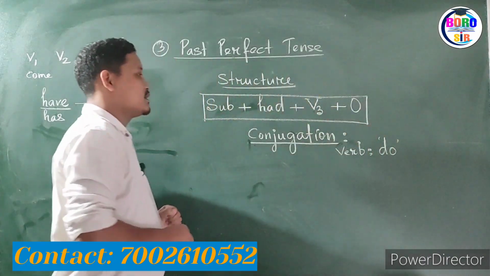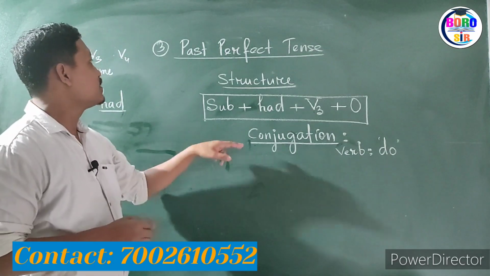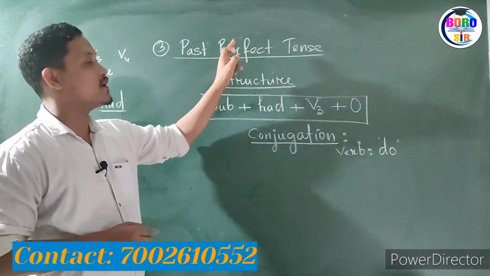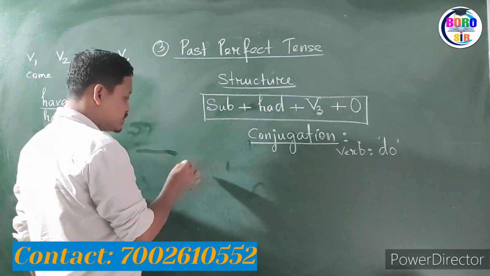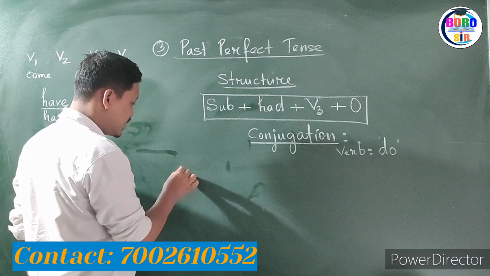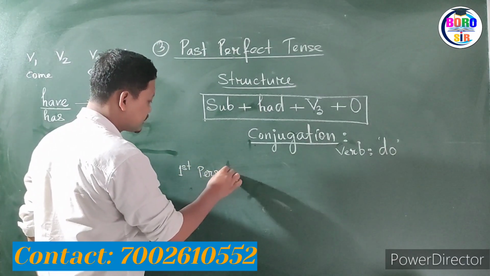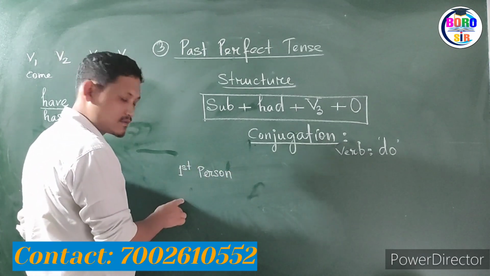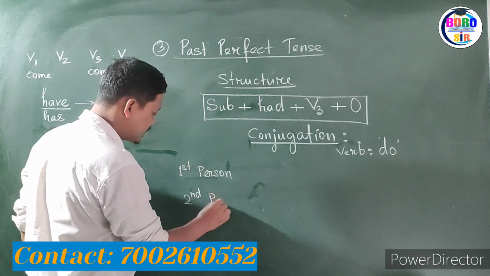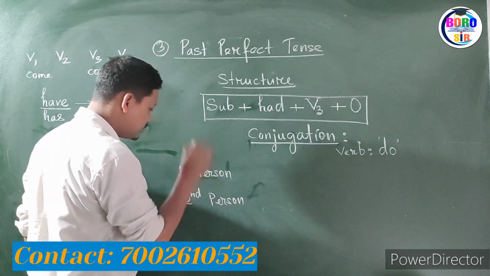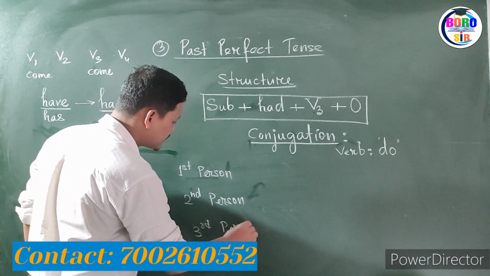With the help of this main verb do, we are going to write the conjugation for the past perfect tense. Now I should write the first person here, right? Yes. Then second person below this, and below second person we have the third person.